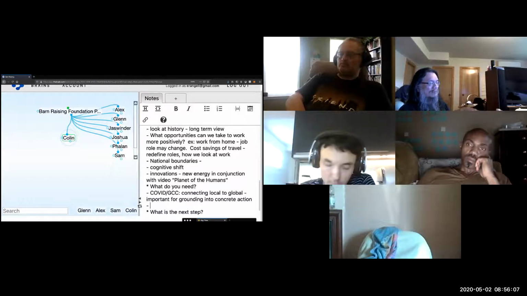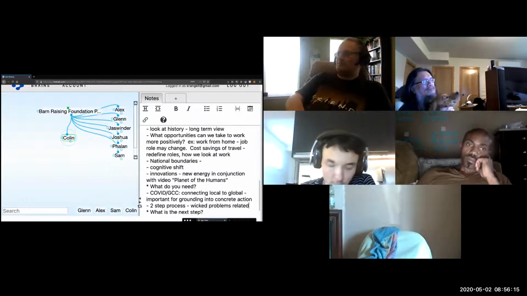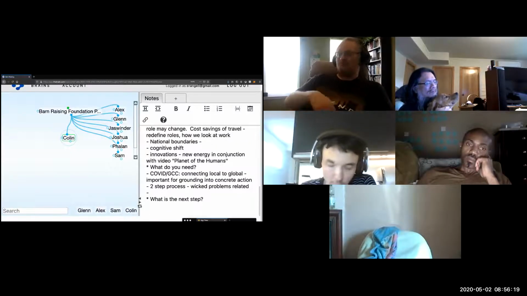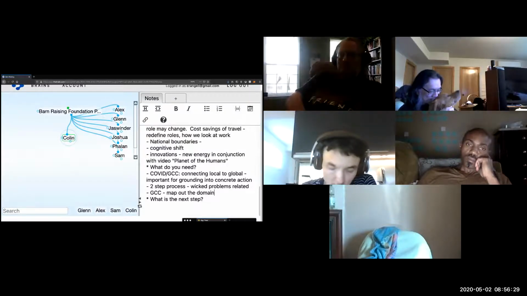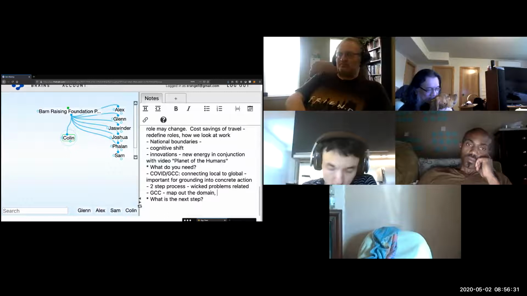As wicked problems go, they don't come in singles, and you don't really know how to navigate. So that's why I like to go into mapping tools to try to map out the domain to see what would be germane, what would be worth investigating and pulling together.